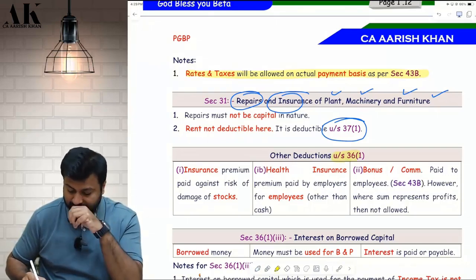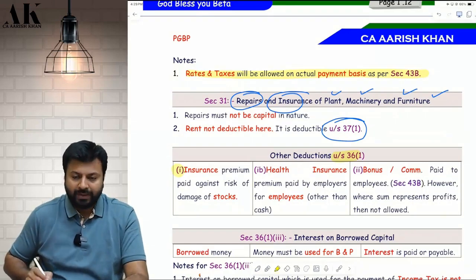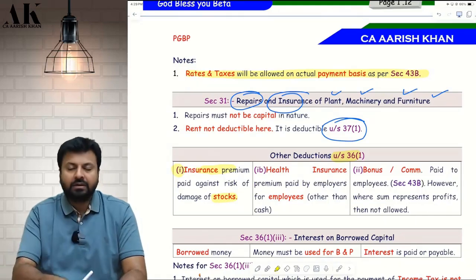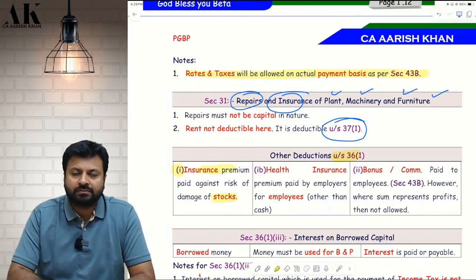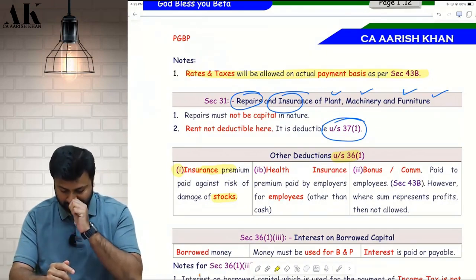The first one is section 36 subsection 1 clause 1. So now if you are paying any insurance premium for securing your stocks, for what purpose? For securing your stocks against damage, destruction, okay, against floods, okay. So in that case, you are going to get the deduction over here, okay.